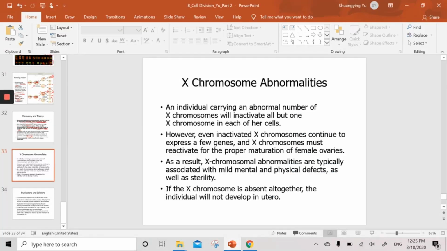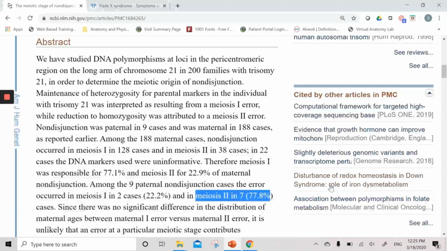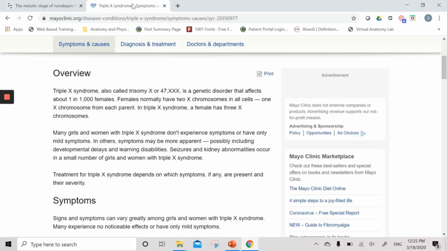All right. There's one slide that's about X chromosome abnormalities. So you may have trisomy and monosomy of the X chromosome, which is interesting. I found this website. So triple X syndrome, that means you have trisomy of X chromosome. How many chromosomes do you have? 37 in total, because you have an extra X chromosome.